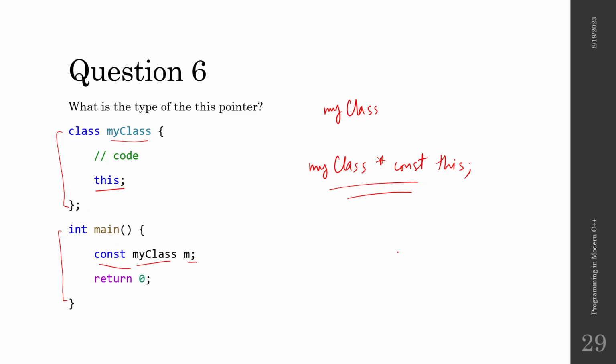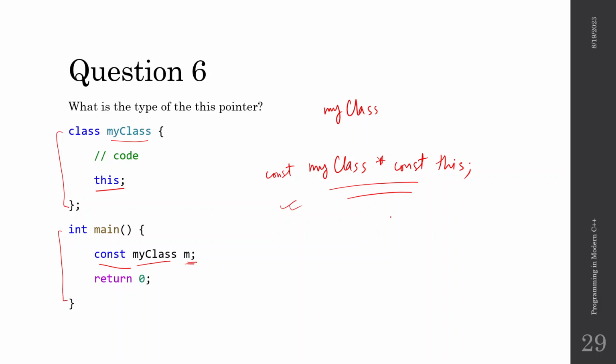But note one thing: your m object is also const, so the m object cannot be modified. Therefore another const will be added here before the my class type. So the final answer is this.